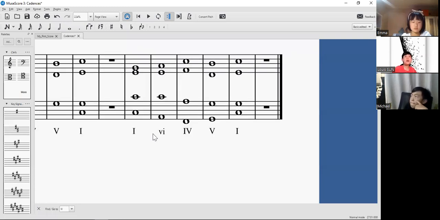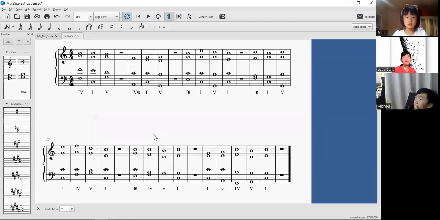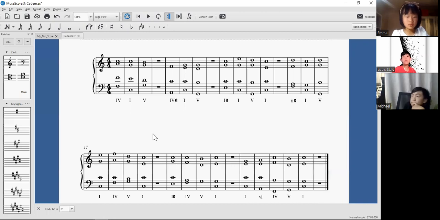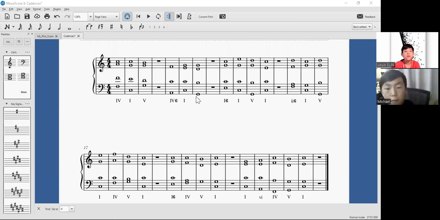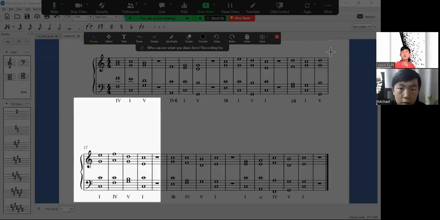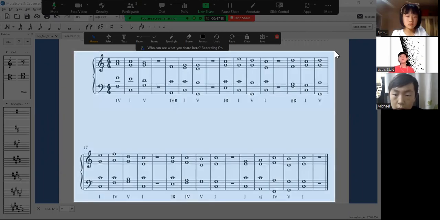Okay. I'm going to take a screenshot of this entire thing. And then quickly screenshot it. And my computer is very slow. Okay, cool.